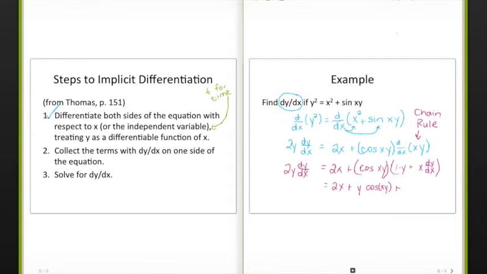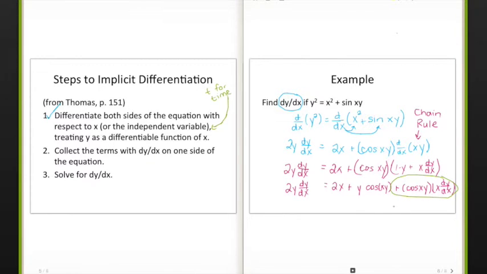That leaves us with y cosine xy plus cosine xy times x dy/dx. All right, now that we've distributed, we're ready to go ahead and move to the left side our term with the dy/dx.